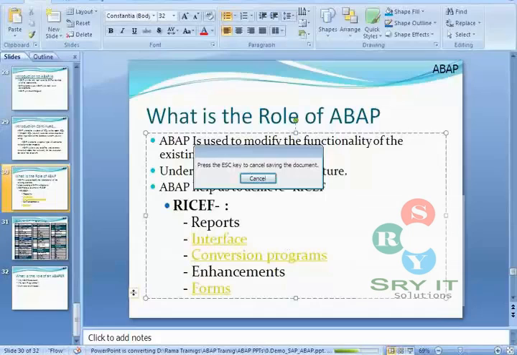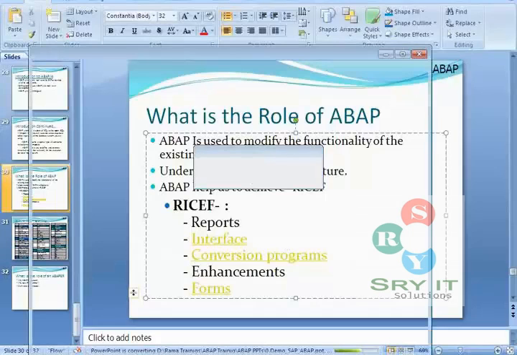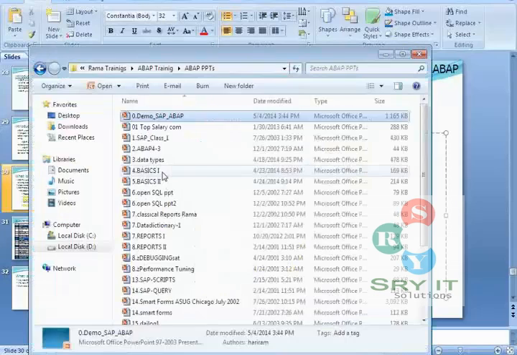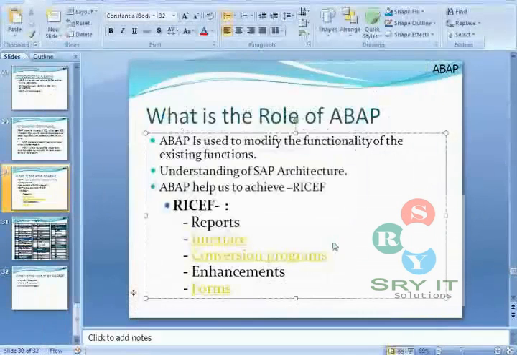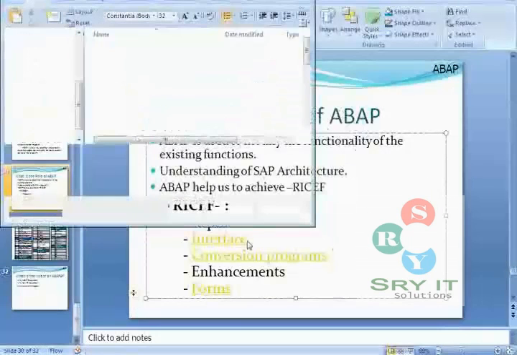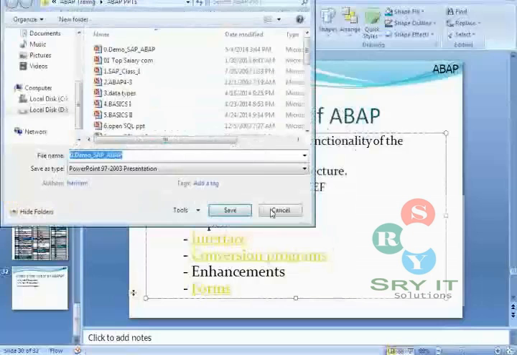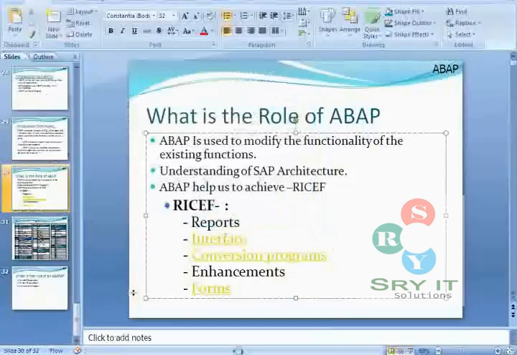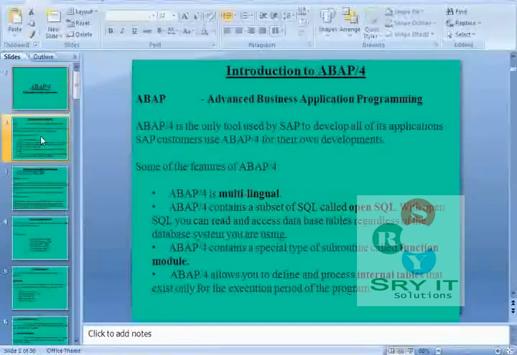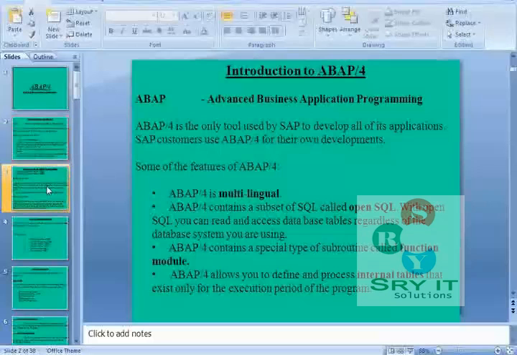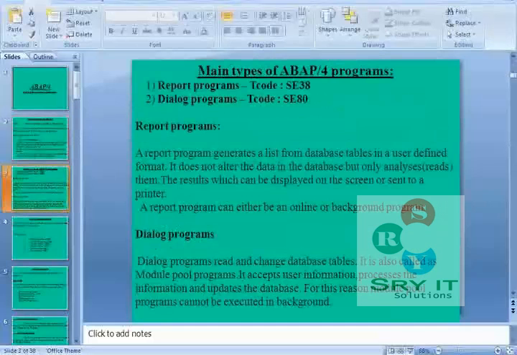So let's go on to the basics. That's the first slides we are going to discuss in the session. The second one we are going to open is the basics. These points are already covered in the introduction, and this is the area where we start.